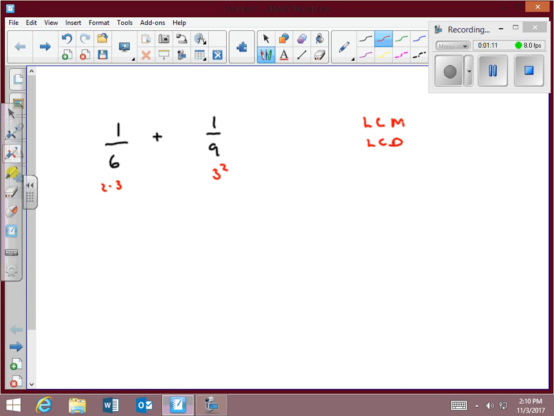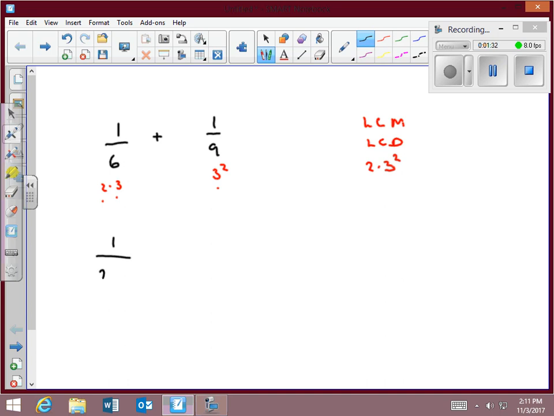And you build that, and you say, this denominator has a 2 and a 3 in it, right? This denominator has a 3 squared, so you must have a 3 squared. Now I'm just going to rewrite it.